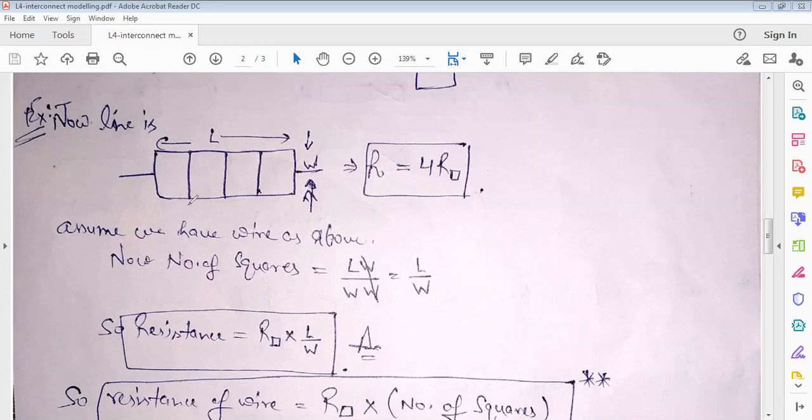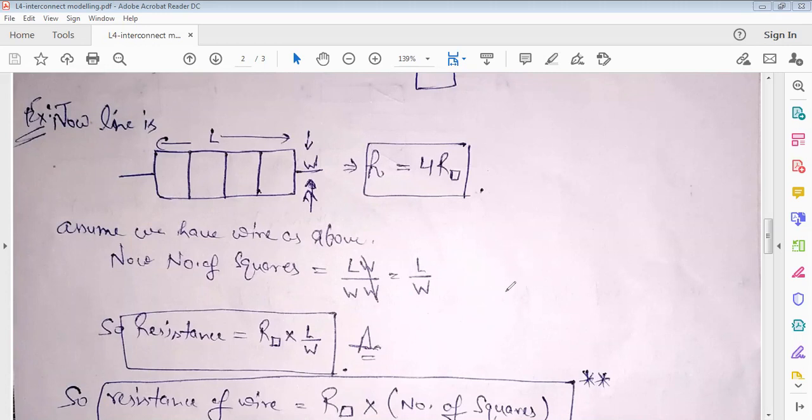This is the square, this is the square, this is the square, and this is the square. So the resistance of the complete wire can be defined as 4 times R square. So this is the overall resistance of the wire.